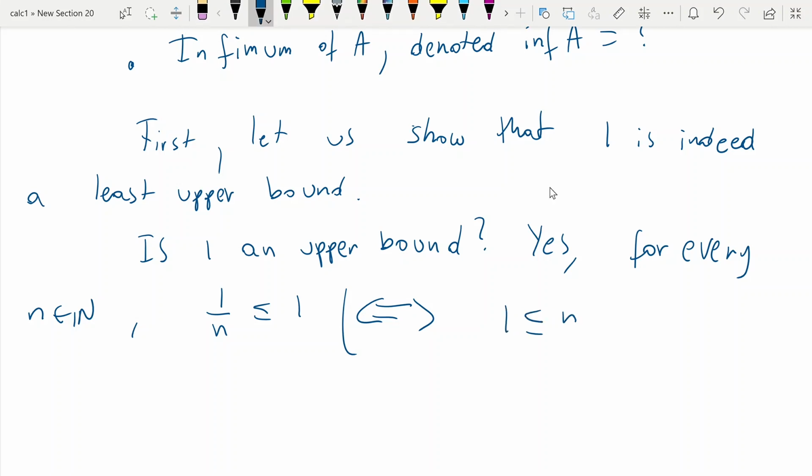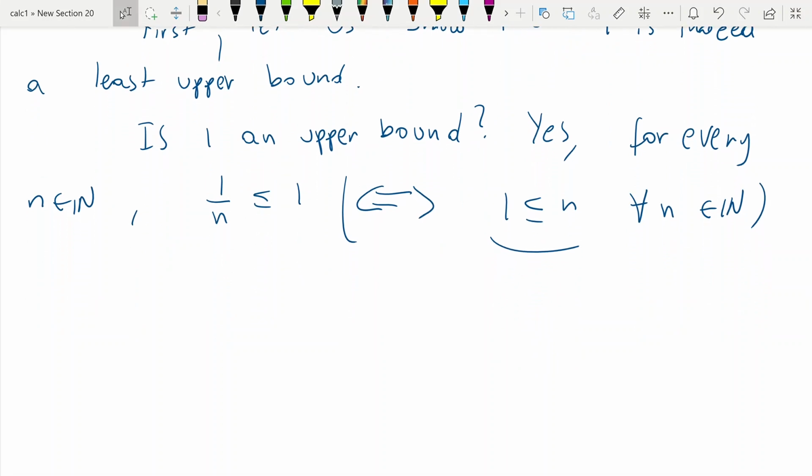Since you know that this is true, n is greater than or equal to 1 for any n in N, you may divide by n, and you get that 1 over n is less than or equal to 1.